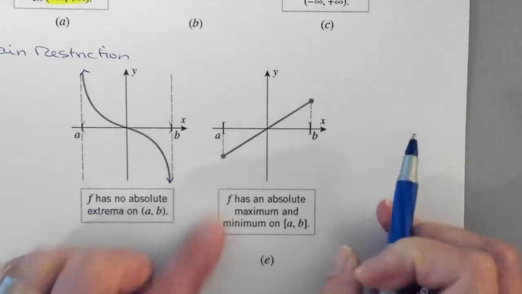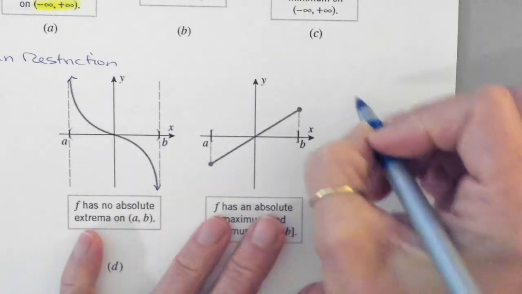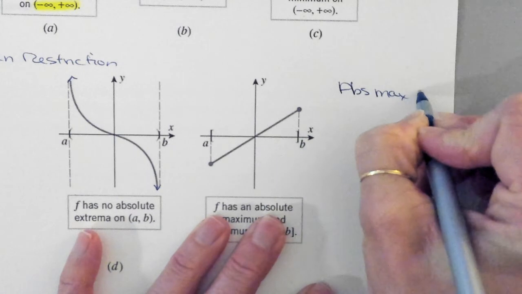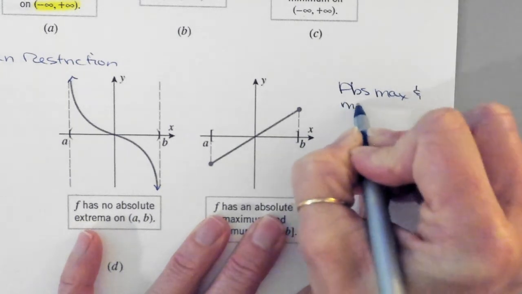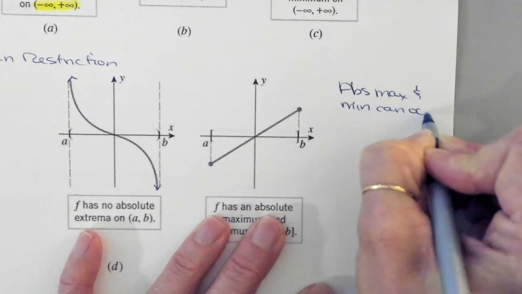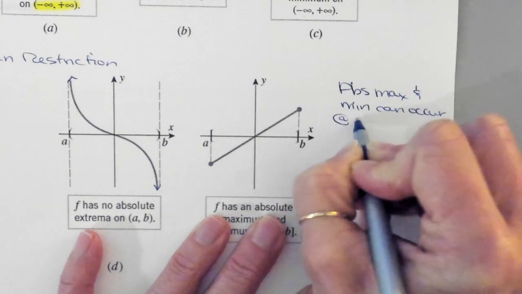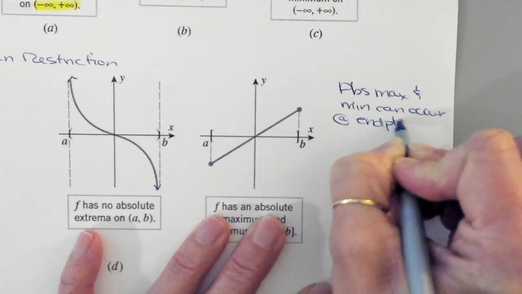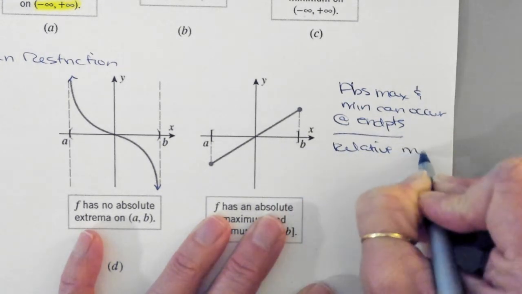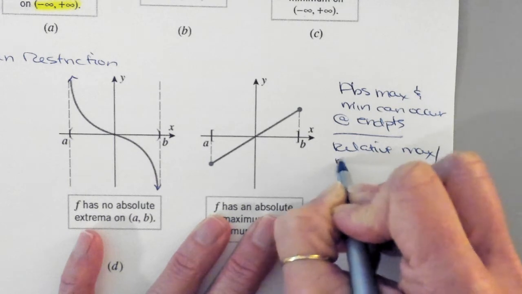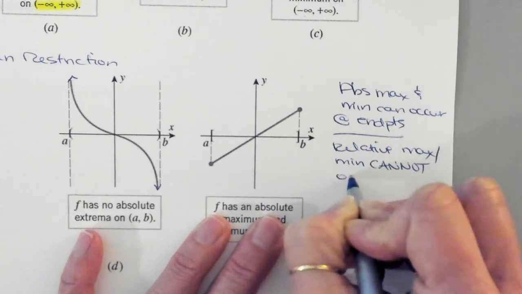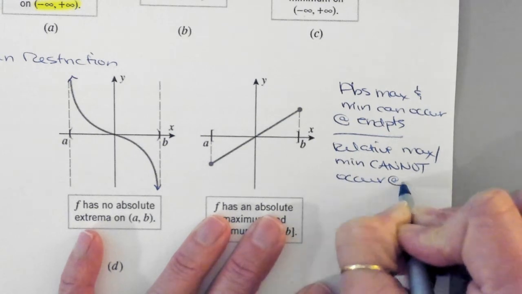Okay, so here's one thing that you need to maybe write down: an absolute max and an absolute min can occur at endpoints. A relative max and min cannot occur at endpoints.